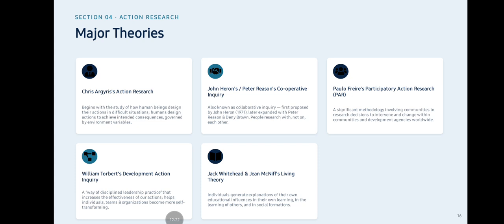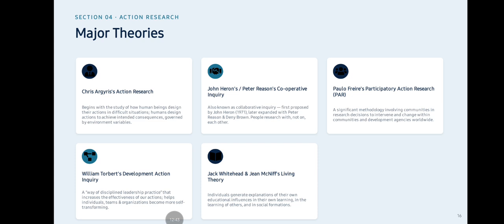Major theories are as follows. Chris Argyris: action research begins with the study of how human beings design their actions in difficult situations. Humans design actions to achieve intended consequences governed by environmental variables.